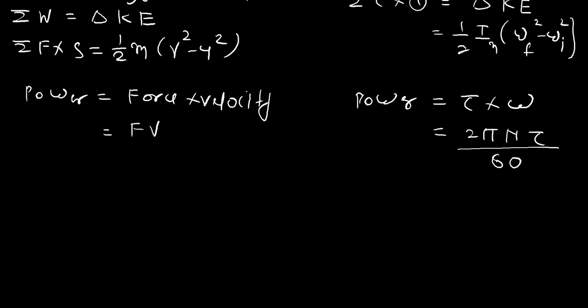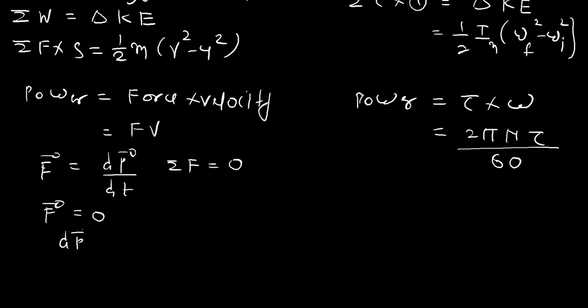So now coming to conservation laws. We know that force F is the rate of change of linear momentum. When this F is zero, or we can say the resultant force is zero on a given system, then dp by dt becomes zero.